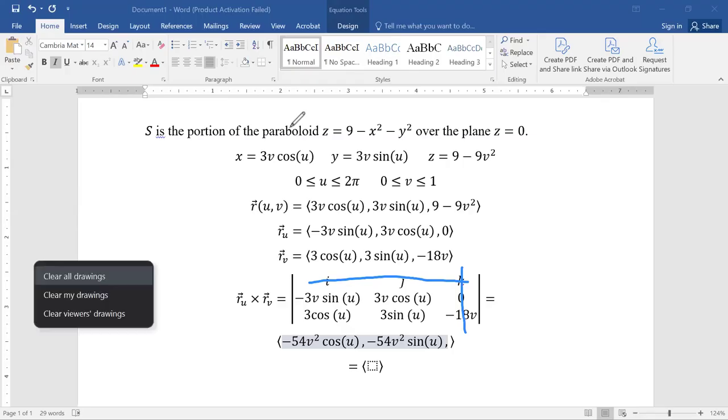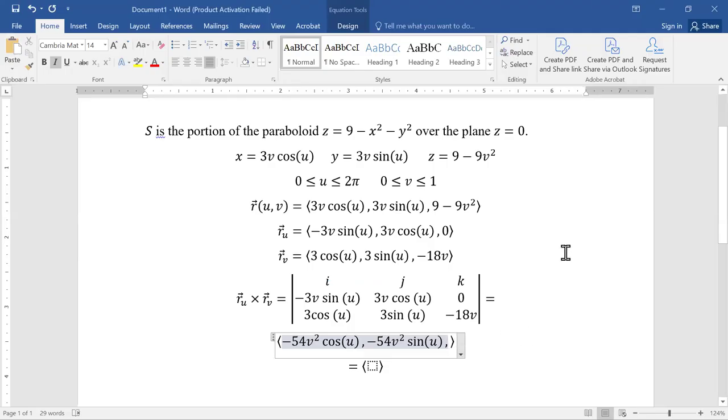Notice that that is becoming negative 9v times sine squared of u minus 9v times cosine squared of u.